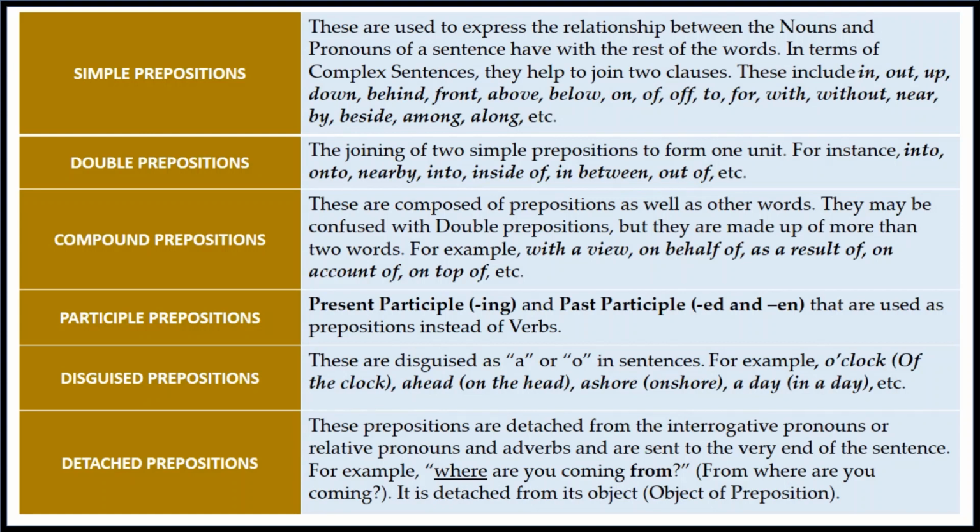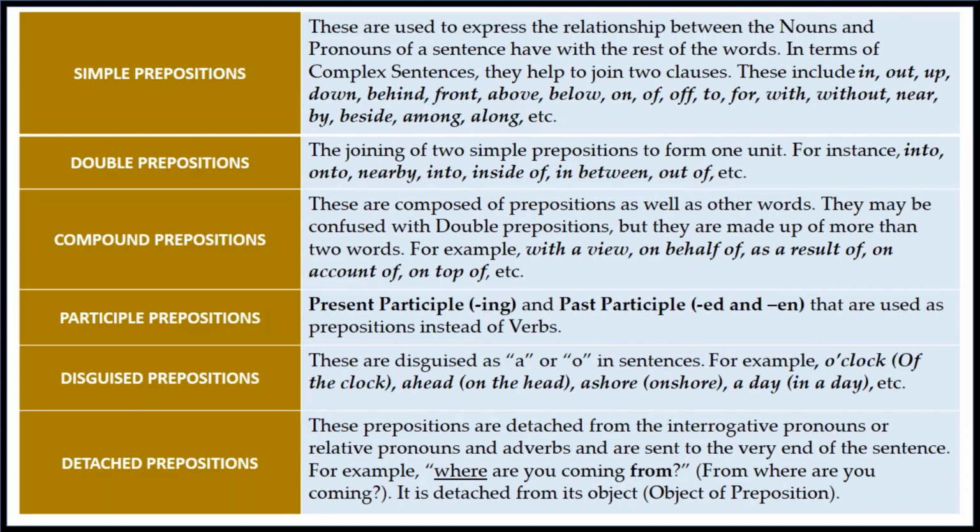Then we have double prepositions. These are made by joining two simple prepositions. So the combination of two simple prepositions that function as one unit of a preposition is considered a double preposition. For example, into.